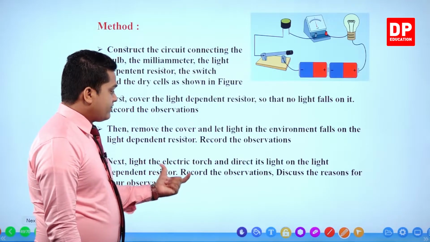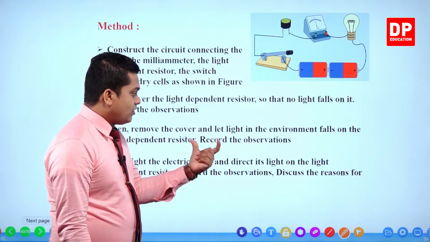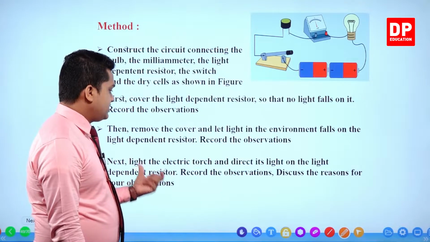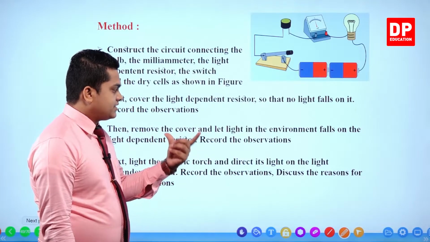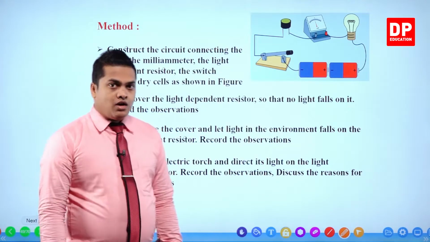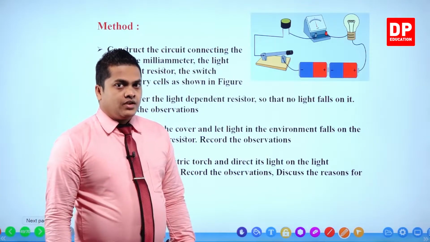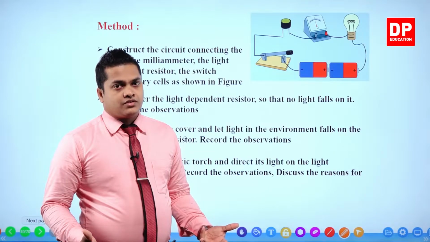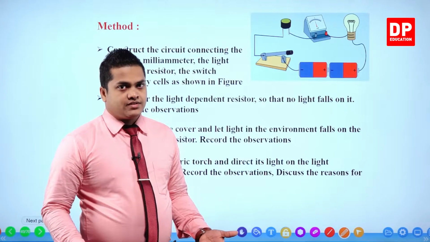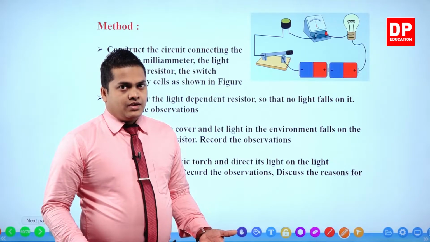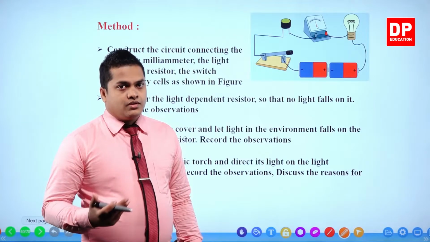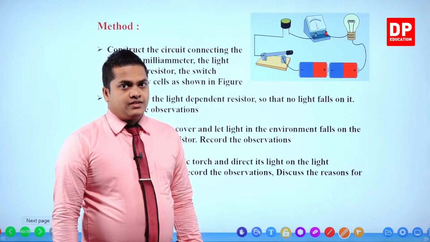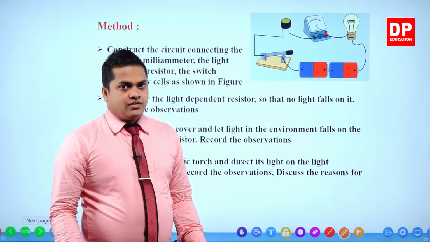Next, light the electric torch and direct its light on the light dependent resistor. Record the observations and discuss the reasons for your observations. Now, in my place, it's useless to use a torch because I have plenty of lights. However, according to your place, that's going to change.